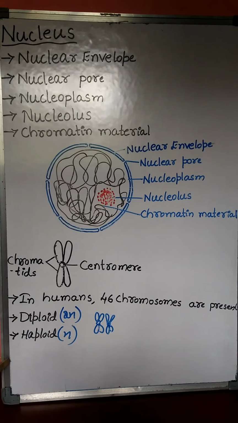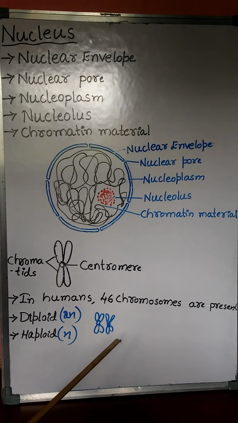In case of maize, 10 pairs of chromosomes are present. Whereas in case of dogs, 39 pairs of chromosomes are present.